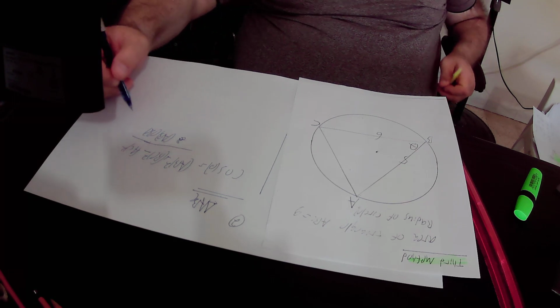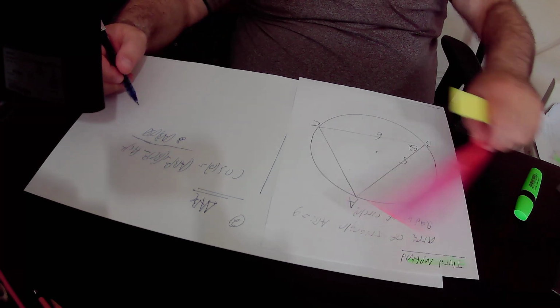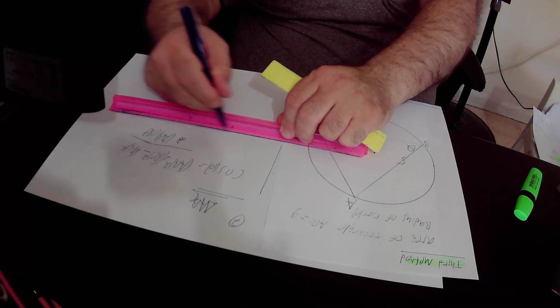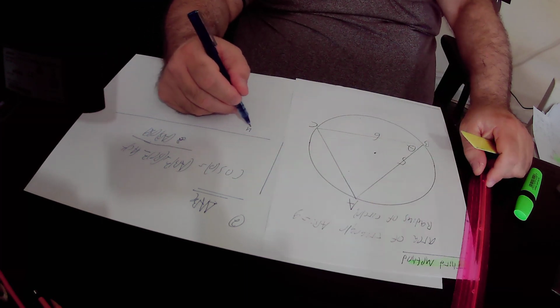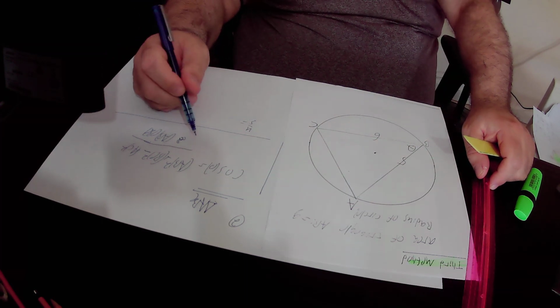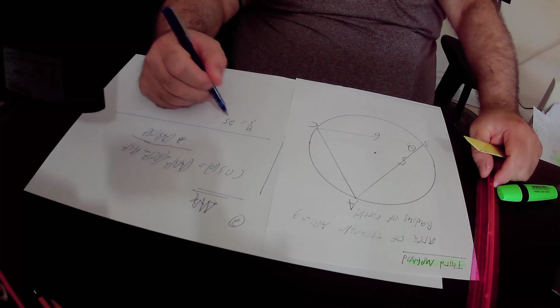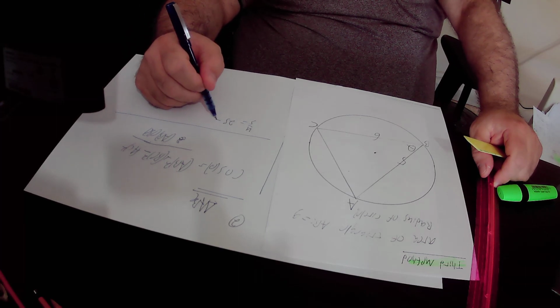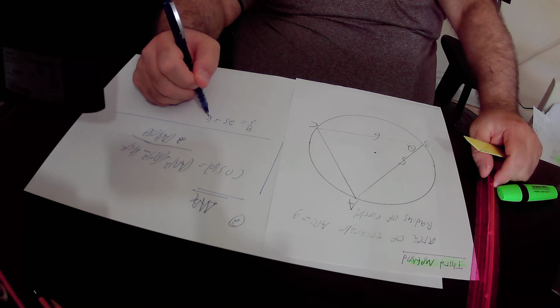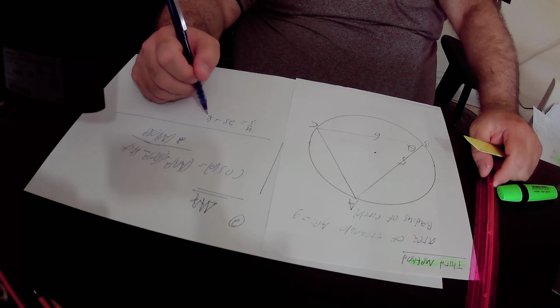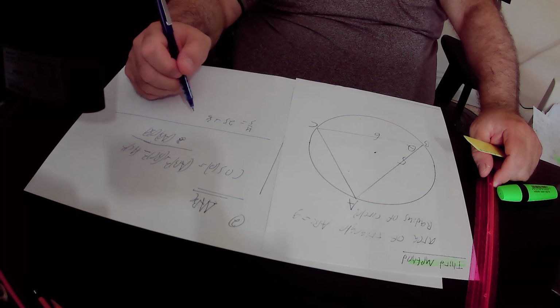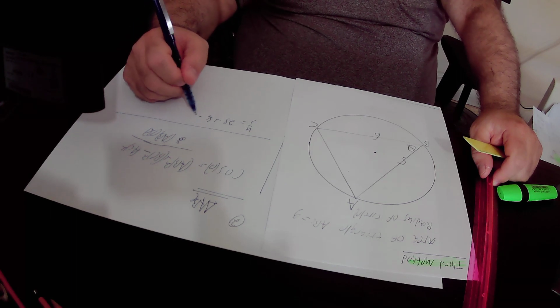We've already found out that cosine theta equals 4/5, and it is equal to AB squared. AB is 5, so AB squared is 25, plus BC squared. BC is 6, so BC squared is 36. Minus AC squared.